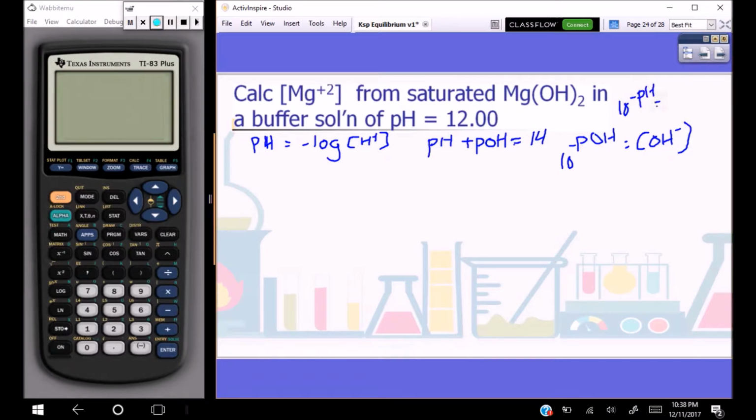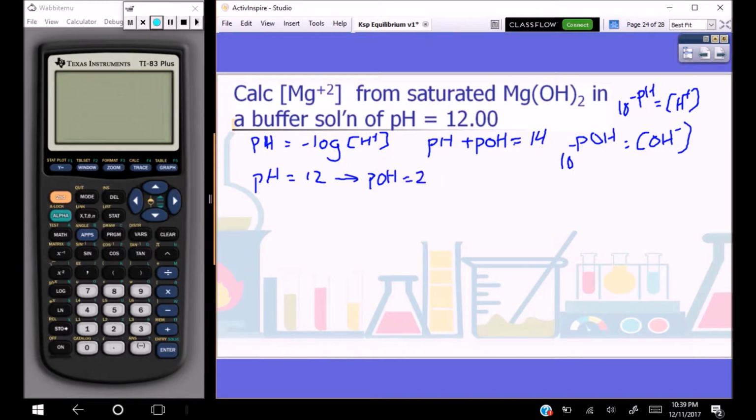So throw back to some of the acid and base stuff that is coming, and it is coming very soon. Okay, so I know that if my pH is 12, my pH of 12 really means that my pOH is going to be 2.